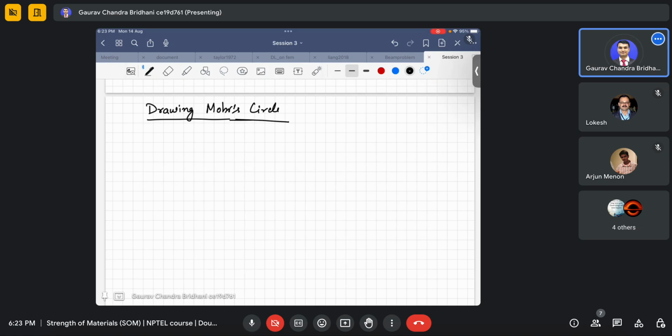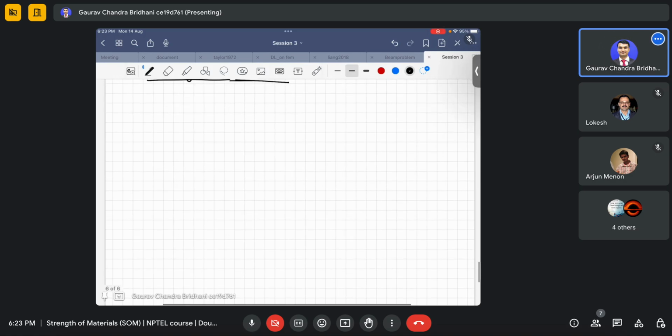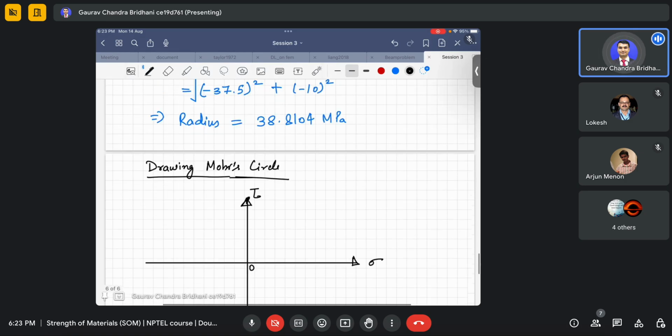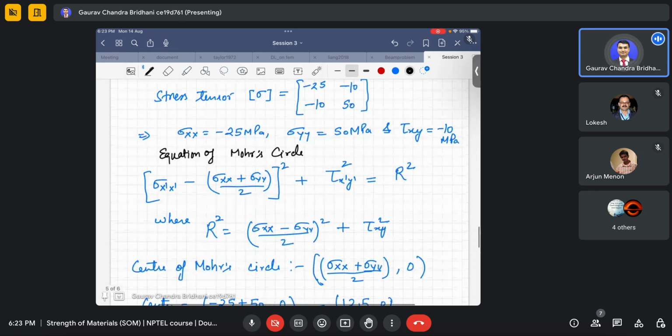First I will represent the axes. This is vertical, this is horizontal. This is sigma, this is tau, and this is the origin. Now first we need to locate the x plane and y plane.